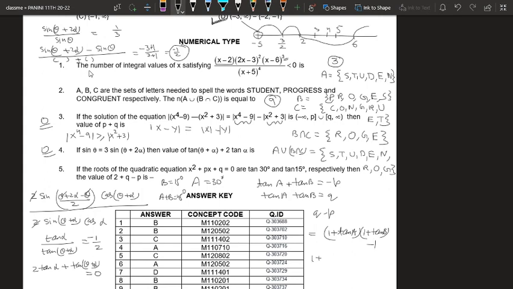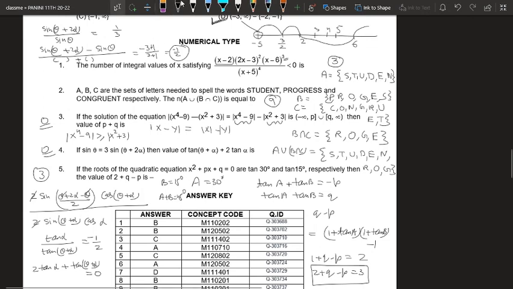So 1 plus q minus p is equal to 1 plus tan a multiplied by 1 plus tan b, minus 1. If a plus b is equal to 45, then the value of 1 plus tan a, 1 plus tan b is equal to 2. This is a standard problem. And we need to find the value of 2 plus q minus p. If we add 1 both sides, 2 plus q minus p is equal to 3. So the answer should be 3.